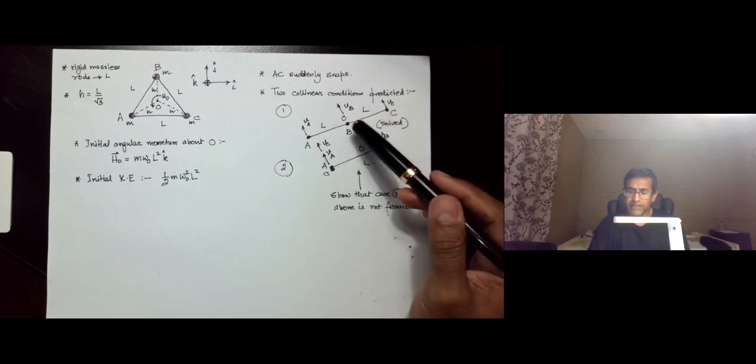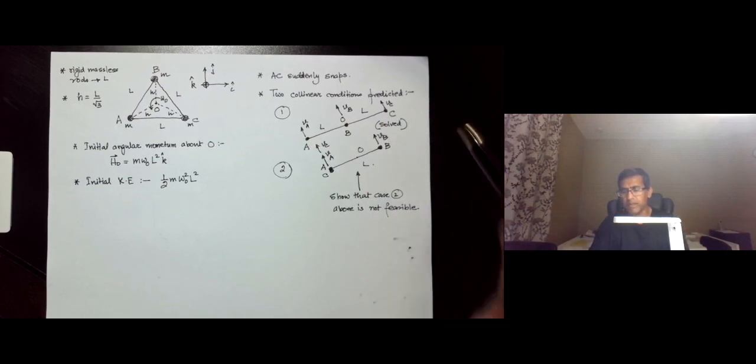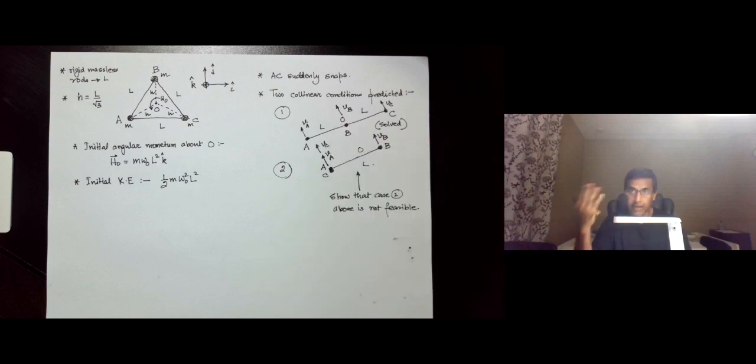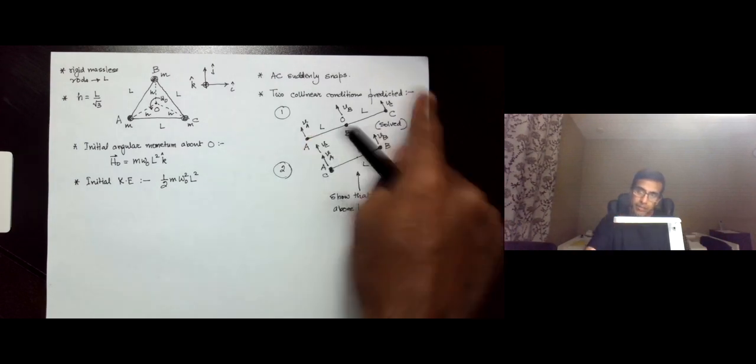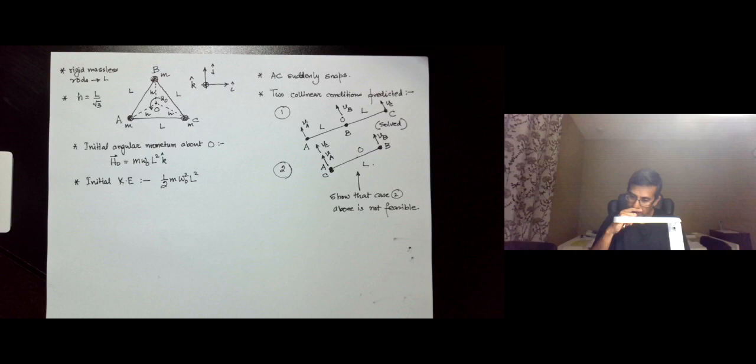Note that the center of mass has to be at O, and so A and C can be on either side of B, and that way it will maintain the static nature of the center of mass. And in the previous video, we have actually solved for the velocities VA, VB and VC at that instant.